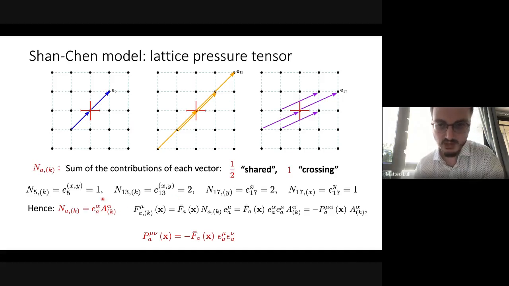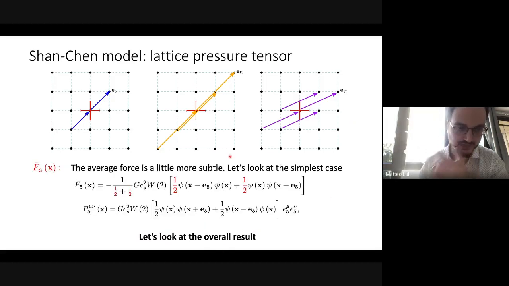What is this overall contribution equal to? It was noticed that it is basically the scalar product between the force direction and the oriented area element. So we can finally write down the pressure tensor contribution of the direction A in this way, which is very simple.